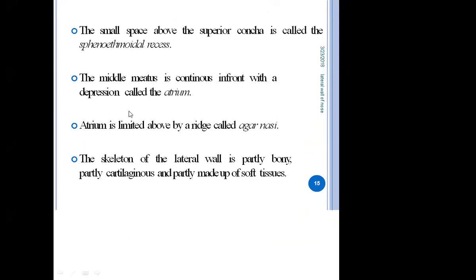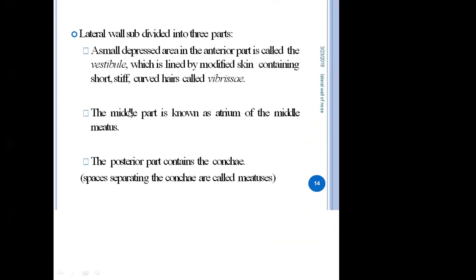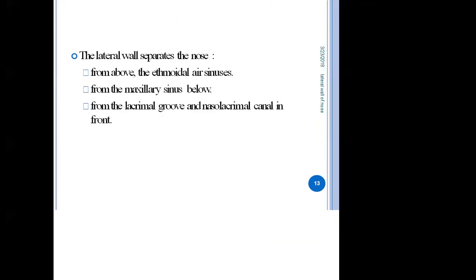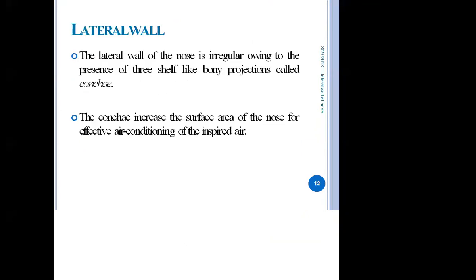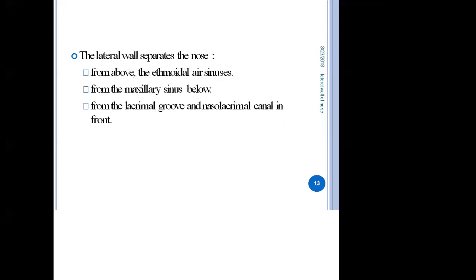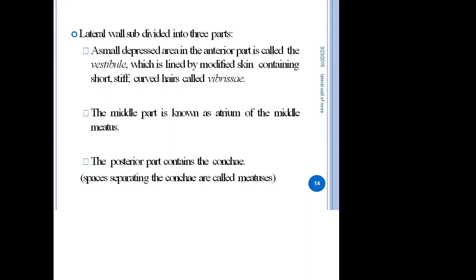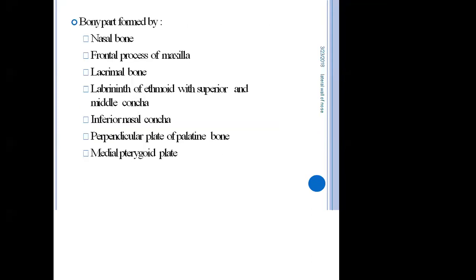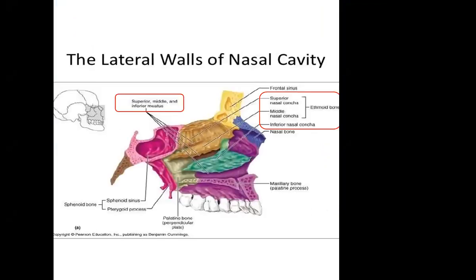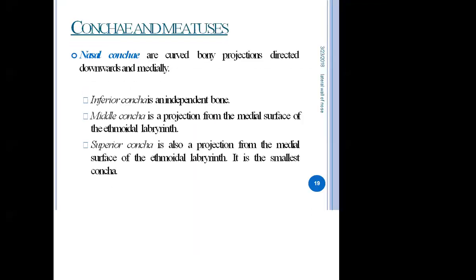So these are different parts of the lateral wall. On the lateral wall, you have to remember how it is formed. It is formed by the bony part and the cartilaginous part. We have these bones and the cartilaginous part.